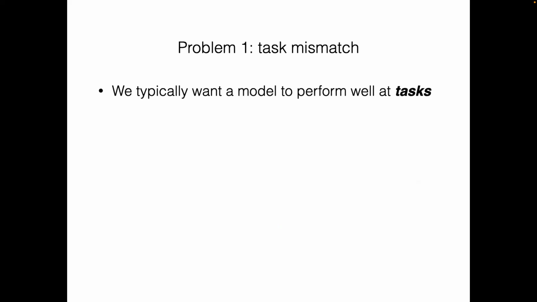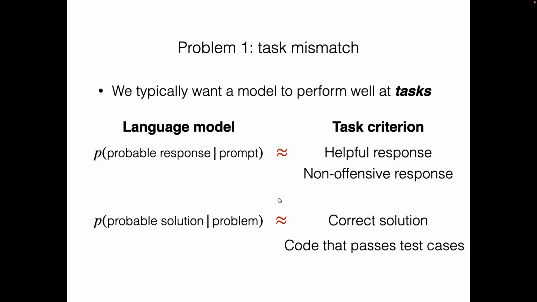The issue is that this isn't always the case. A second question is, if our goal is to perform a task, why don't we just directly optimize for that task criterion? What if we could specifically train a model and set its parameters so that it maximizes this kind of reward, which is a correct solution or a helpful response?